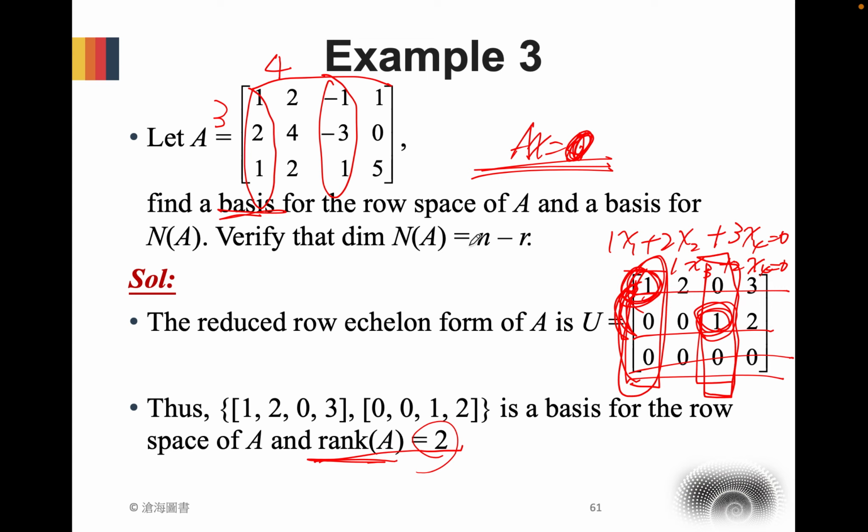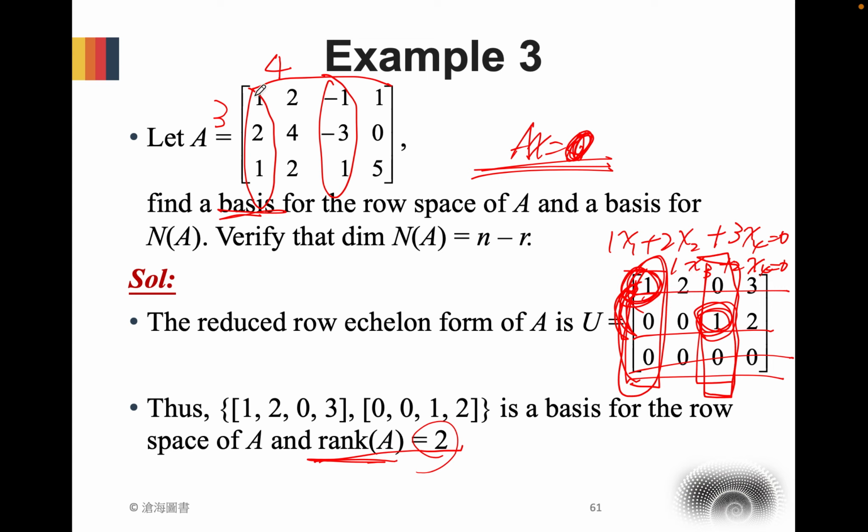And the column spaces of A and U are different. You can see that the basis of the column space of U is (1, 0, 0) and (0, 1, 0), so it should be a plane in a 3-dimensional space, right?